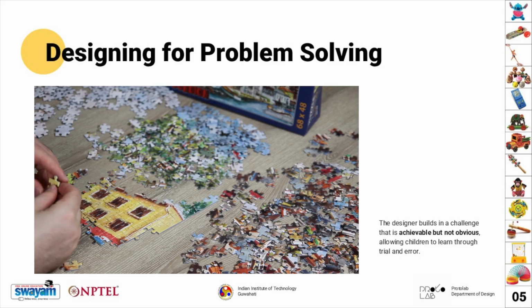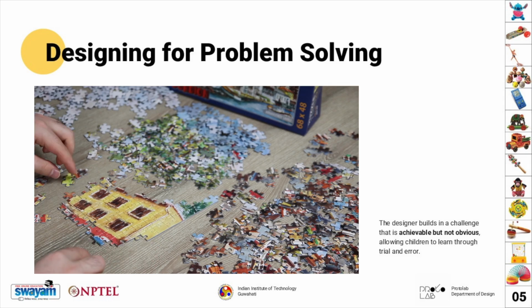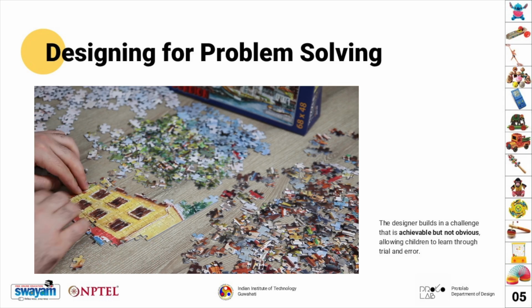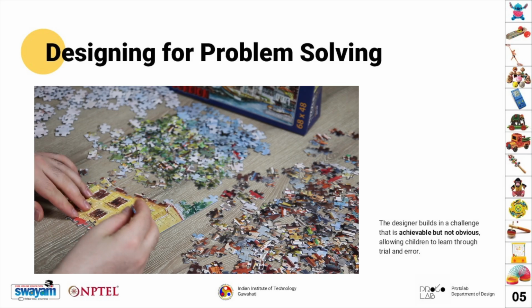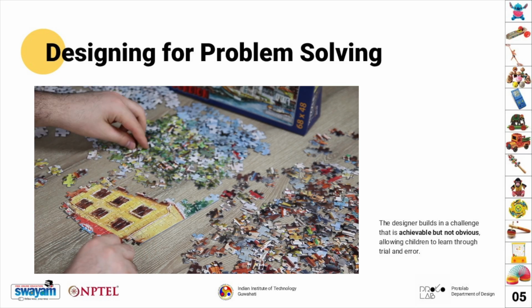A child must figure out which ring goes where. Shape sorters, matching shapes to openings, open-ended building sets, blocks that require balancing, arranging, or stabilizing. The designer builds in a challenge that is achievable but not obvious, allowing children to learn through trial and error.